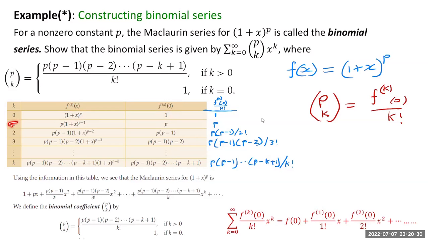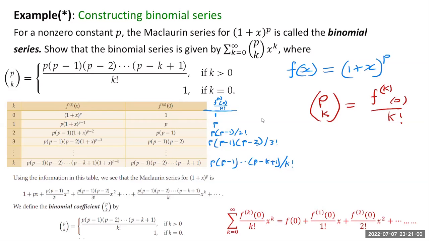And then when k is equal to 1, that is the derivative of f(x), right? So you take the derivative of this function. You know how to take derivatives now. If you take the derivative of this function, it is p times (1 plus x) to the power p minus 1. Now to find f^(k)(0), you plug in x equal to 0 in this function. That will give you p.